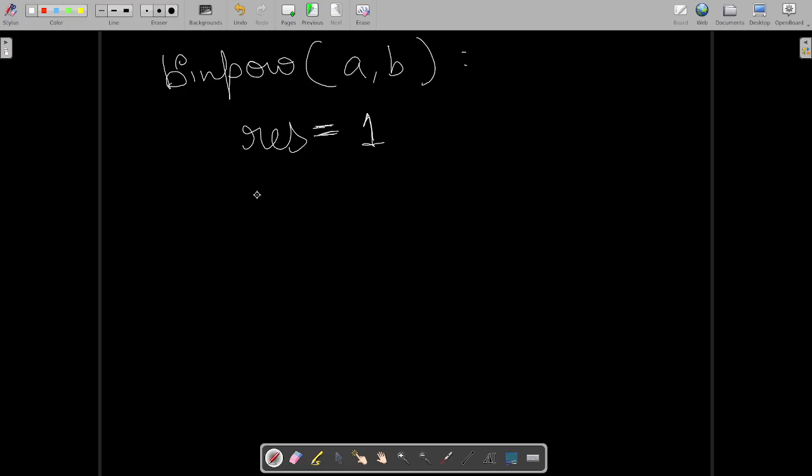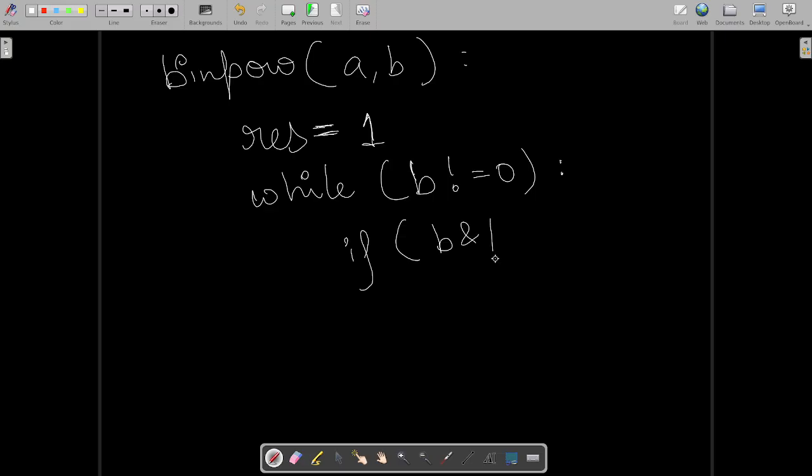Right, now we start. Now res we take it as 1. So while b, in C++ you can just write while b, because as long as b is positive, it gives a true. But for the sake of simplicity, I'll just write while b is not equal to 0. And in Python you can write b and 1, and b and 1 actually checks for odd.